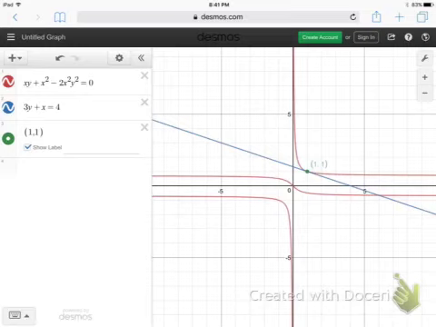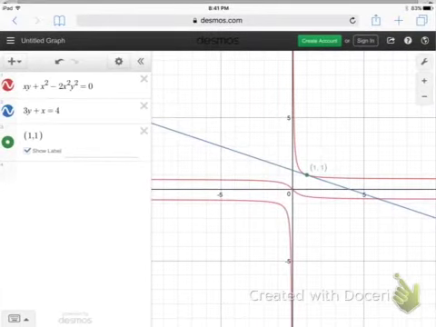The red one is the actual curve given, xy plus x squared minus 2x squared y squared equals 0. (1, 1) is the point where I'm finding the tangent, and 3y plus x equals 4 is the equation of the tangent that I just found using my point-slope form.